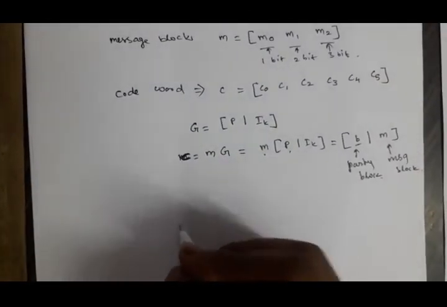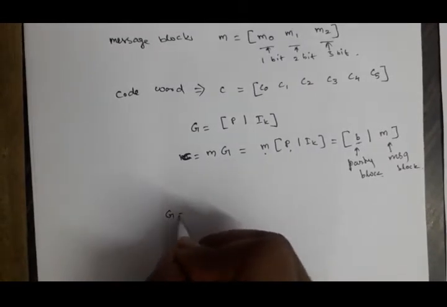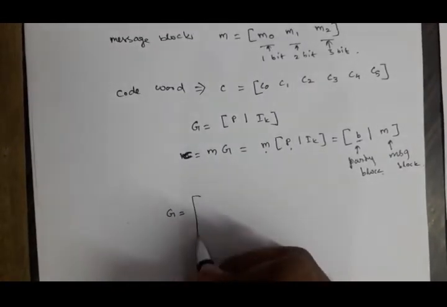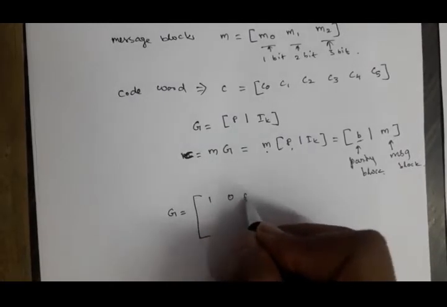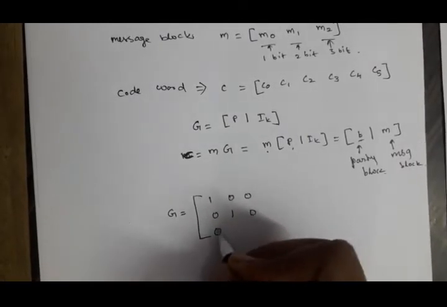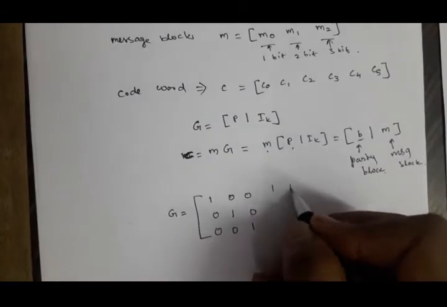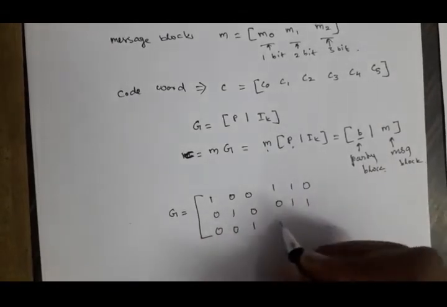Now the generator matrix in this problem is given as 1 0 0 0 1 1, 0 1 0 1 1 0, 0 0 1 1 0 1.